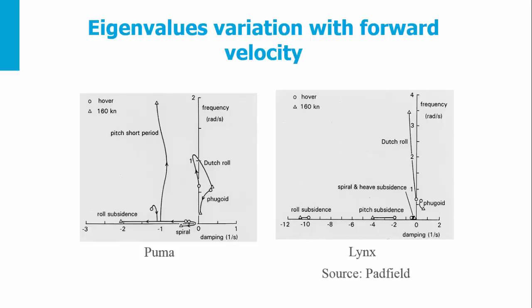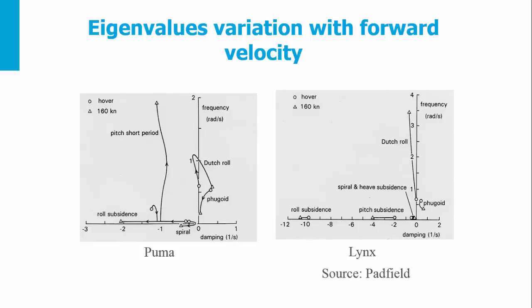The short period mode goes from hover up to 160 knots, becomes oscillatory, and the damping is more or less the same. The roll subsidence mode goes from hover and increases into forward flight, and the spiral mode is not highly damped and not oscillatory.